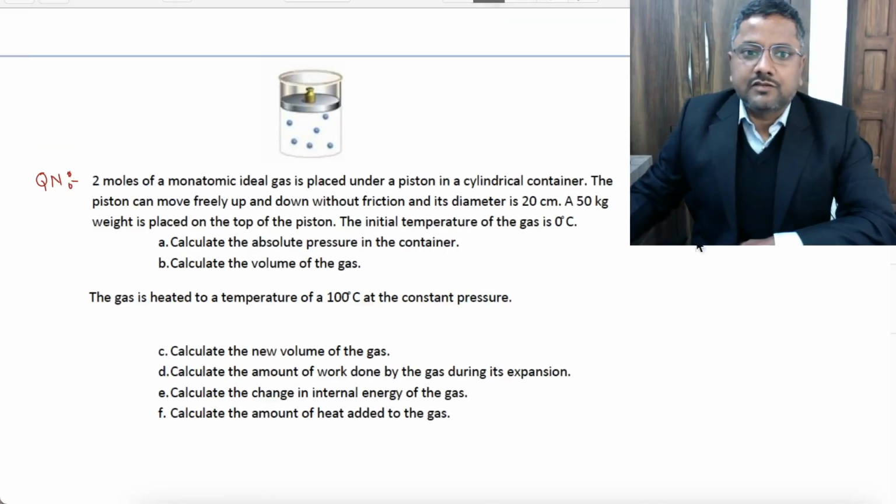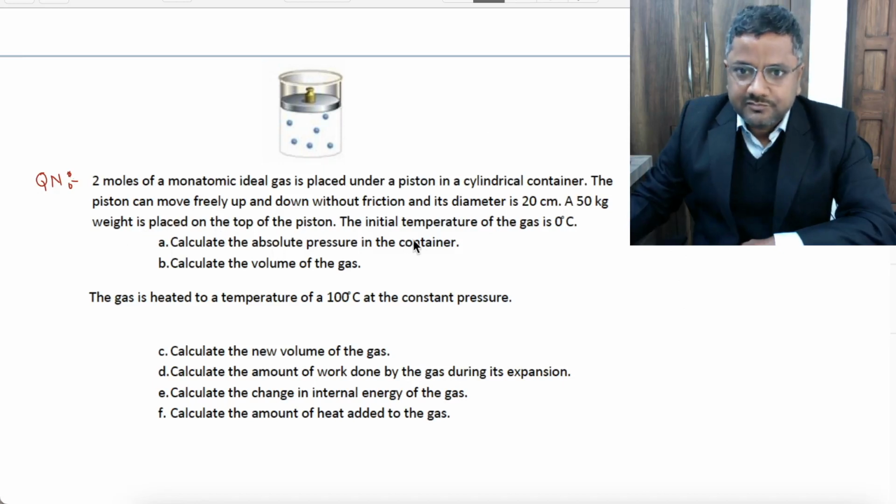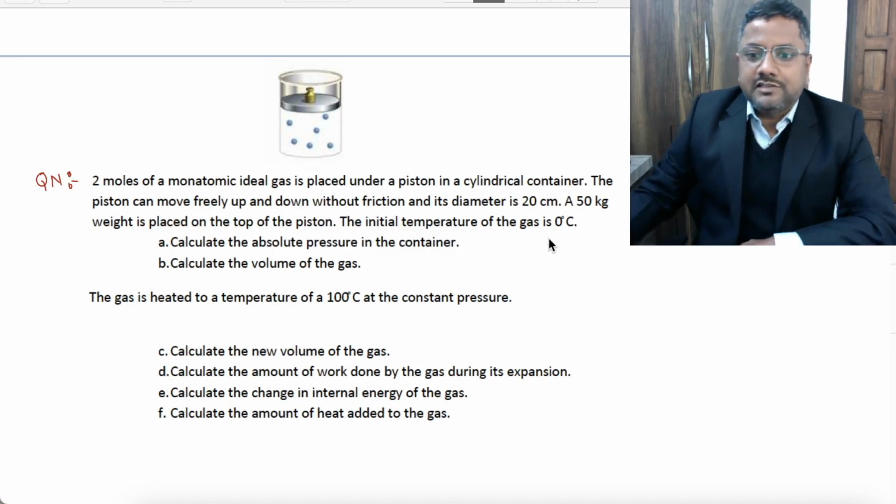Now see another question. 2 moles of monoatomic ideal gas is placed on the piston in a cylindrical container as shown here. The piston can move freely up and down without friction and its diameter is 20 centimeter. A 50 kilogram weight is placed on the top of the piston. The initial temperature of the gas is 0 degrees Celsius, right?